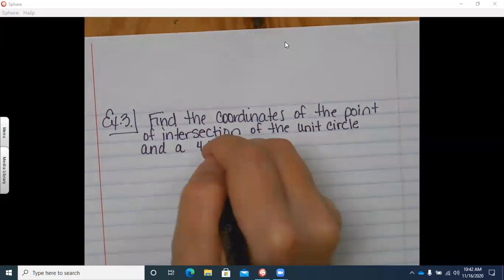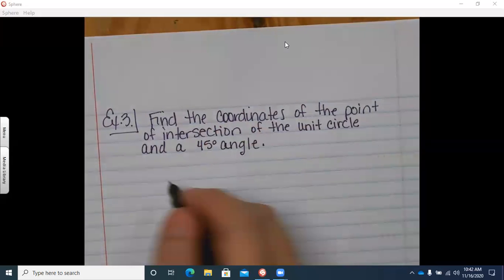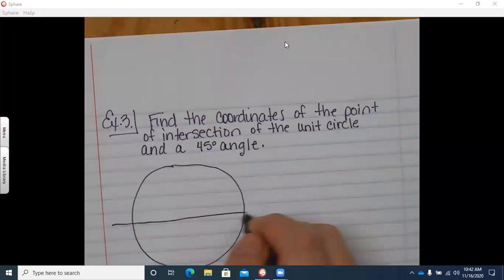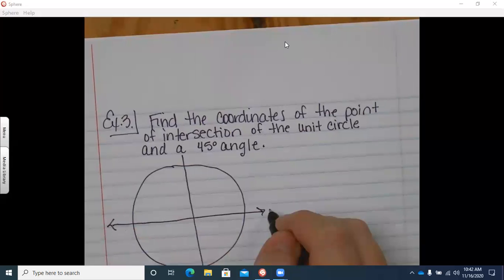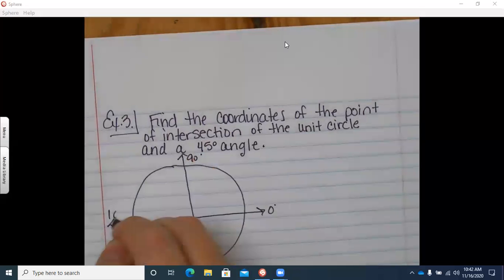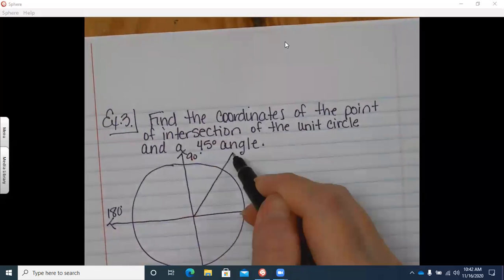So 45 degrees, is that going to be clockwise or counterclockwise? Counter, because it's positive, right? What quadrant am I going to find that in? 1. And that would be halfway between 0 and 90 degrees, right? So that angle that I just drew is a 45-degree angle.